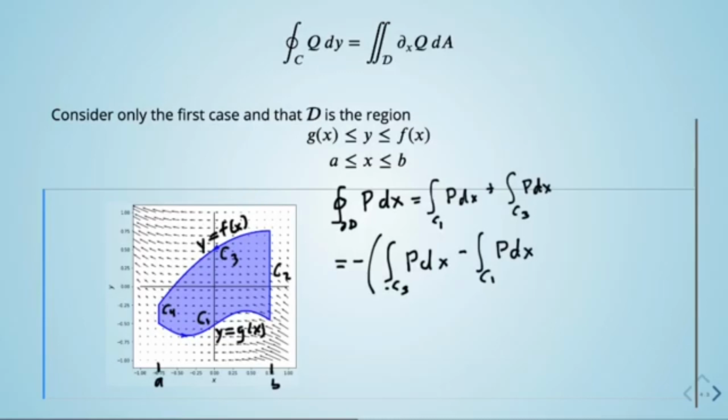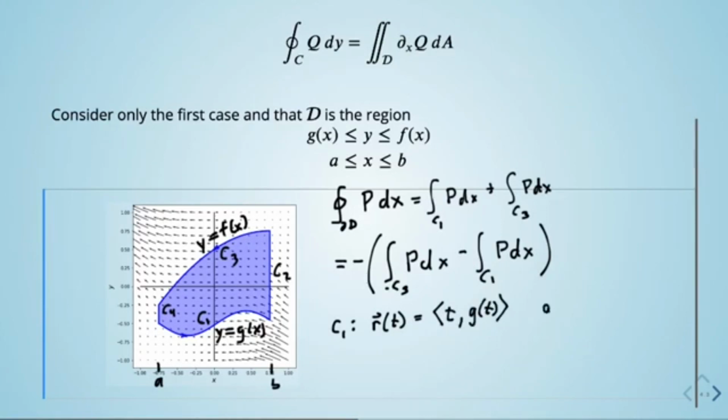Now, there's a reason I chose that way of writing the signs. We'll see why in a second. So now all that's left to do is to parameterize C1 and what I call minus C3, which is just C3 traversed from left to right. So that becomes pretty easy. All right, so I'll take r of t for C1, and I'm not going to do anything fancy. It's the graph of a function, so I'm just going to use the parameterization t, g of t.